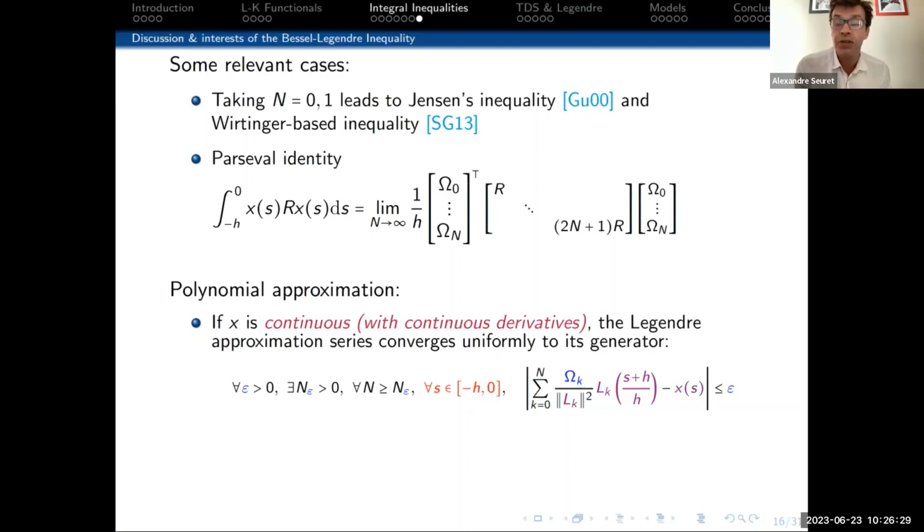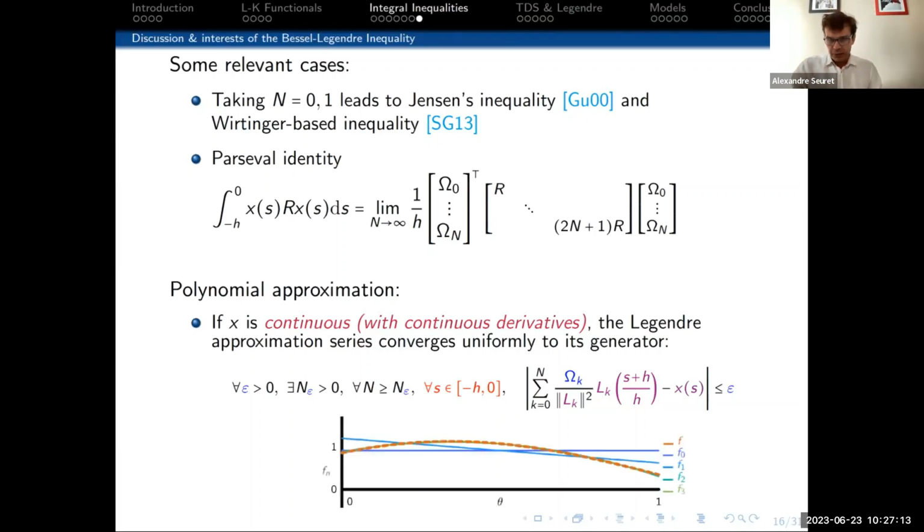The series converges uniformly to its generator, which means that the distance between x of s and the evaluation of the approximation here is bounded, and this bound is uniform over the sampling interval. What is also very nice is that if you have some constraints on the derivative of the function x, you may also have an expression of the value of n that guarantees that this equation is verified for a given epsilon. So you have an analytic expression of n that depends on epsilon.